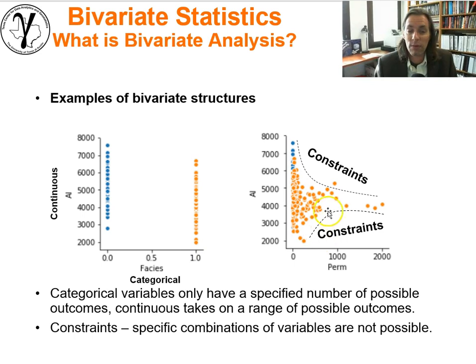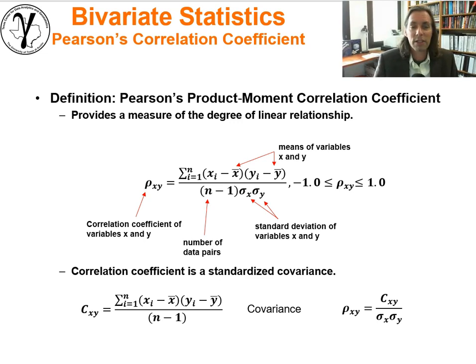We may have constraint relationships. Here we have a case where we have a high degree of scatter for low permeability values for acoustic impedance, and when you get to high permeability values, it narrows. There's some type of physical constraint that we don't have extremely high or low acoustic impedance in the high permeability measures. How do we quantify a relationship between two variables?